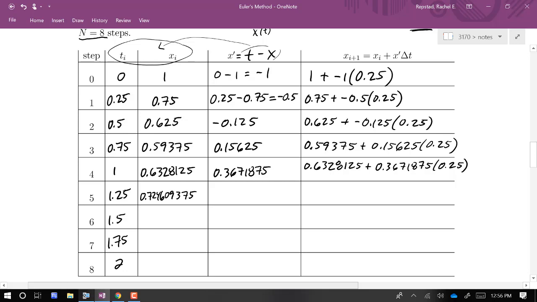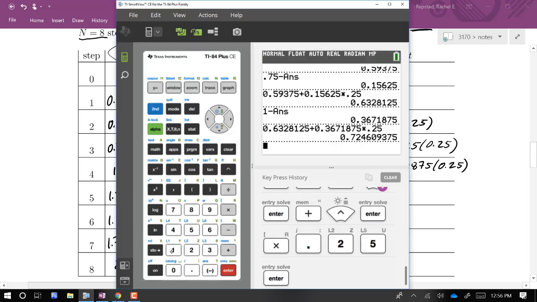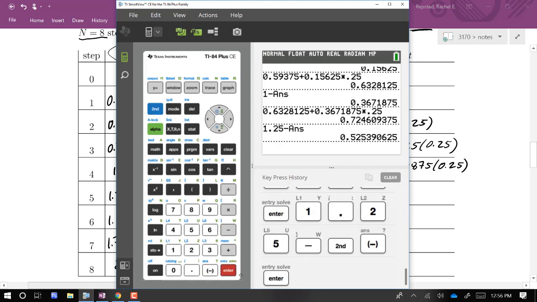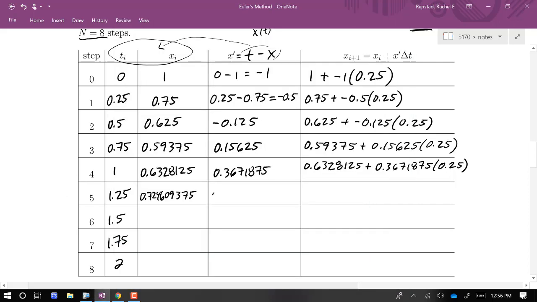And then again, t minus x, 1.25 minus the previous answer, 0.525390625.